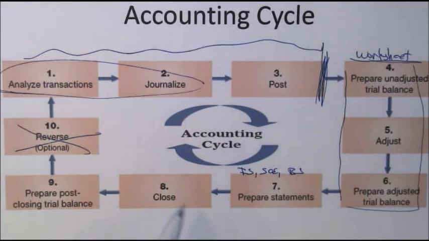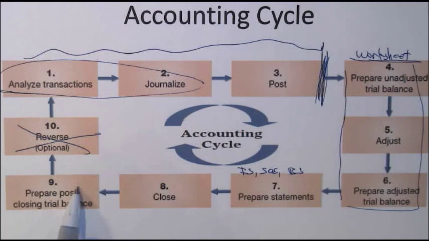Then we go about closing our accounts. Now, I'm going to have a whole separate video just on the closing process, so you'll want to be paying attention to that. That is a process in and of itself, and everything's new. We haven't really talked about this before. So we end up closing things. We prepare a post-closing trial balance, and that proves that our system is in balance to get ready for the next period.